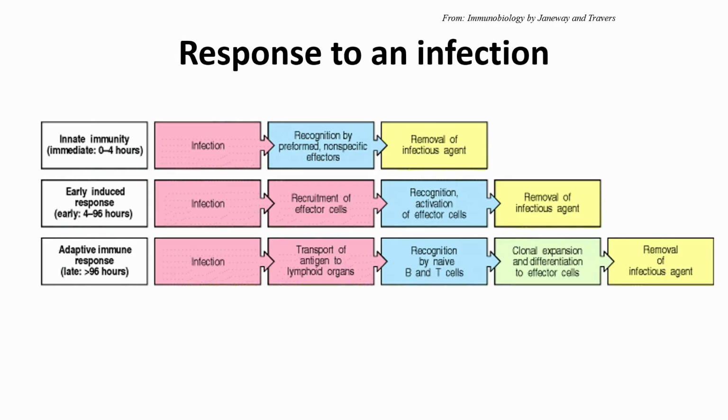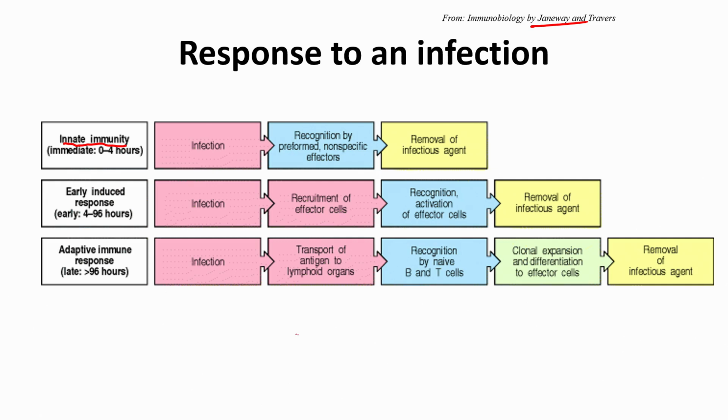So, what is a response to an infection? This is from the Janeway book, and the response to an infection involves various durations. The very first response is from the innate immunity. We will discuss this in a bit, but innate immunity is something that the body already knows is pathogenic.